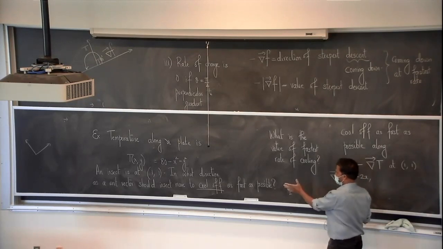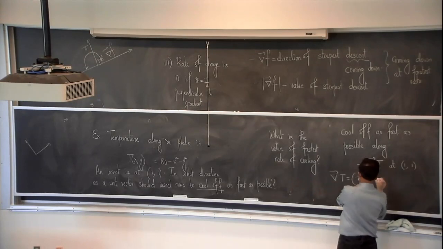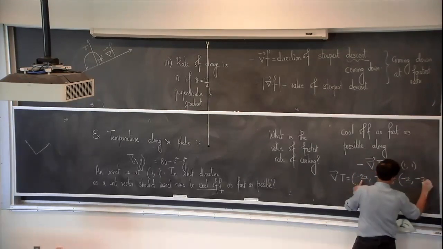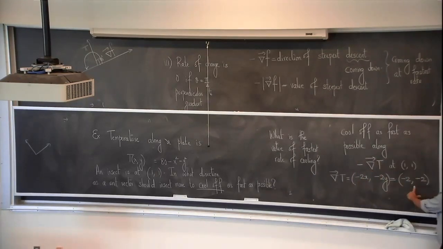Oh, you're plugging in the values, right? So negative 2x and negative 2y, and then at x equal to 1, y equal to 1, that is negative 2, negative 2. Okay. That is the gradient of the temperature. That's the rate of change of temperature with respect to distance along the plate.